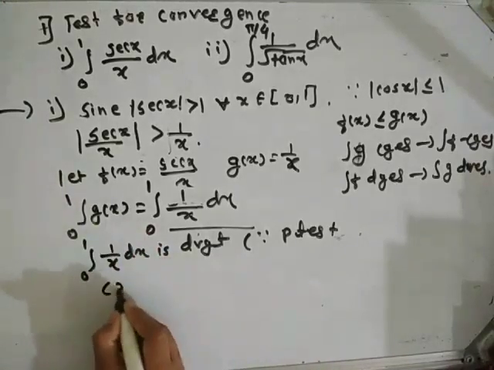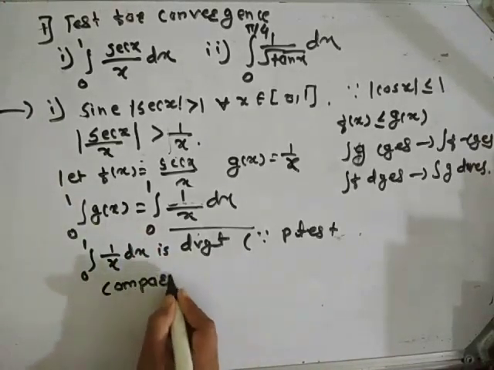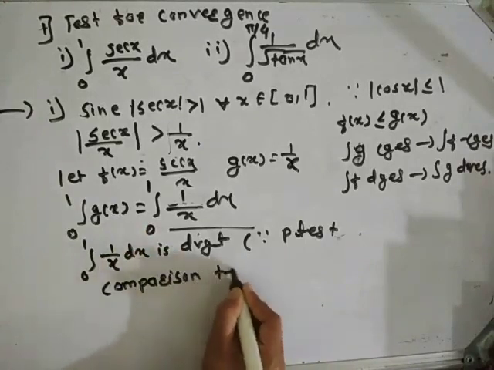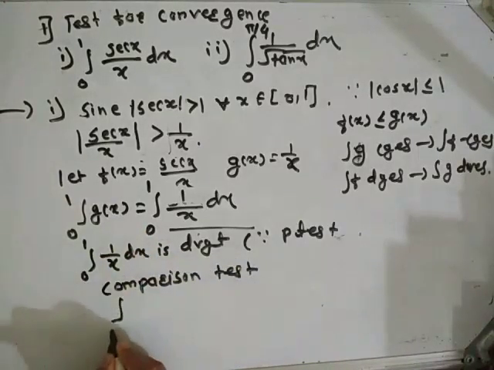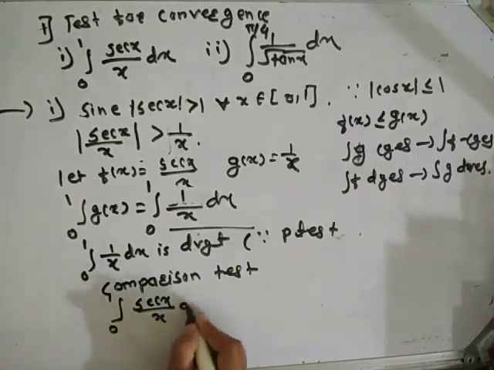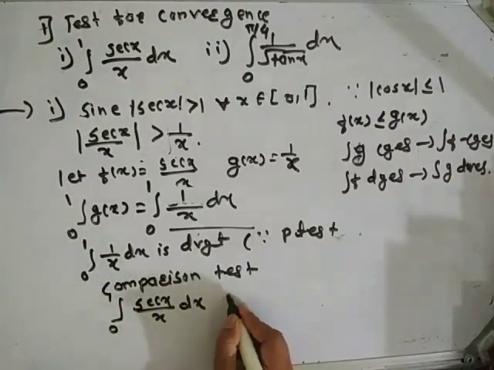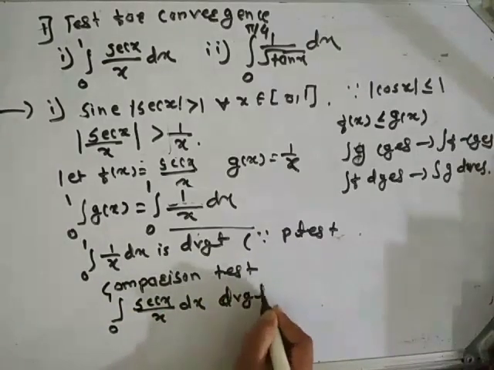So by comparison test, integration from 0 to 1 sec x upon x dx is divergent.